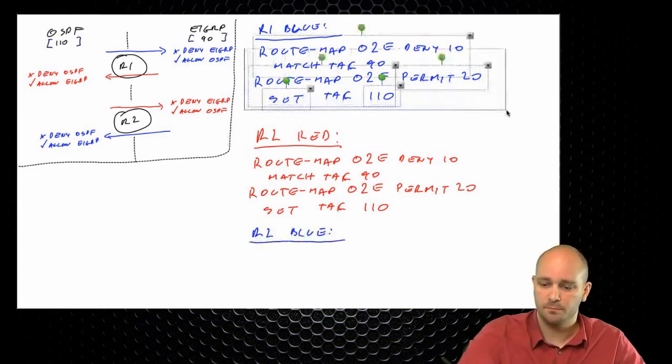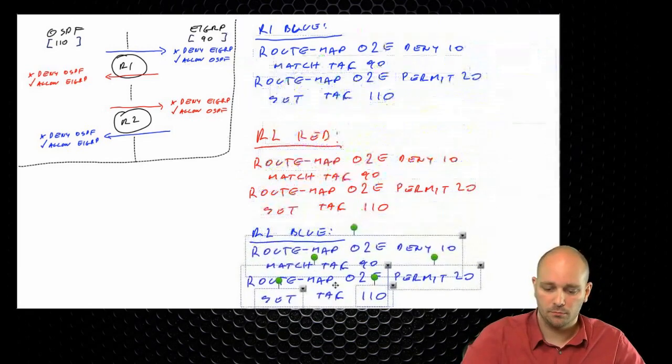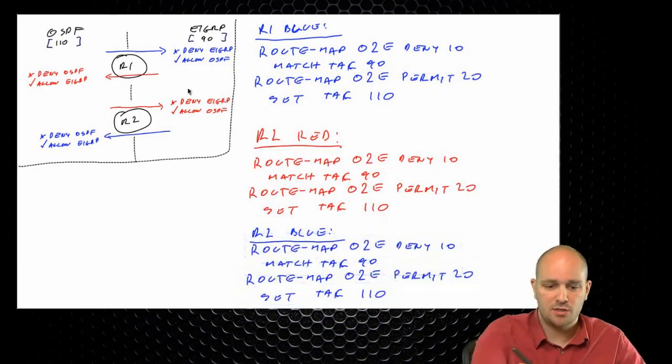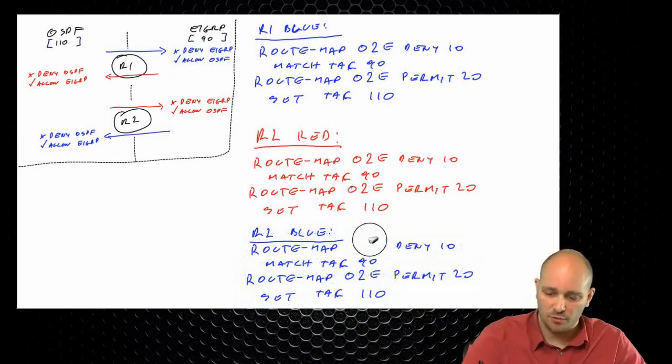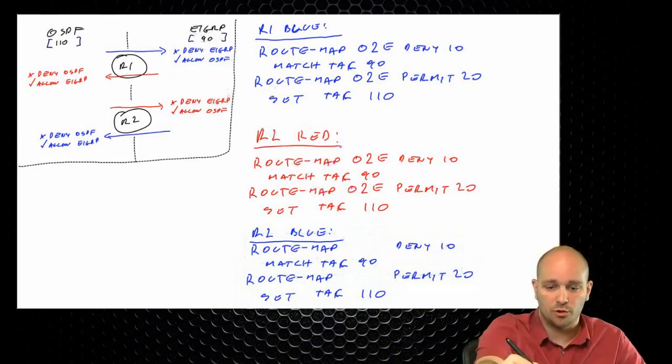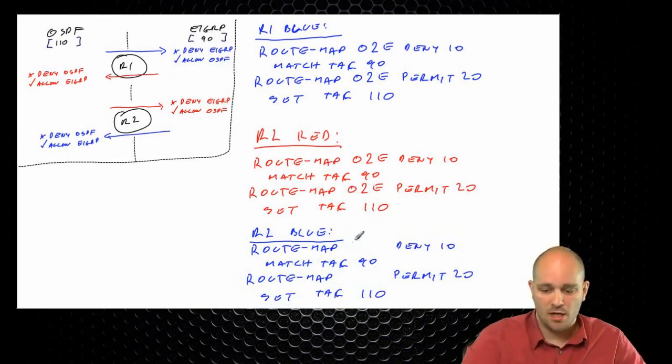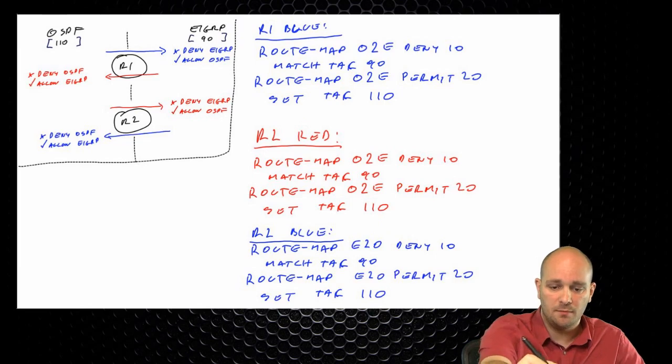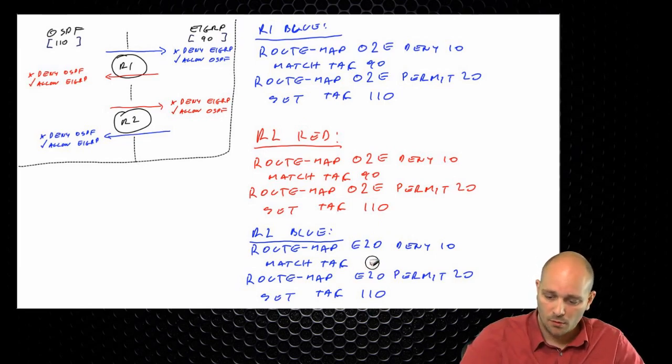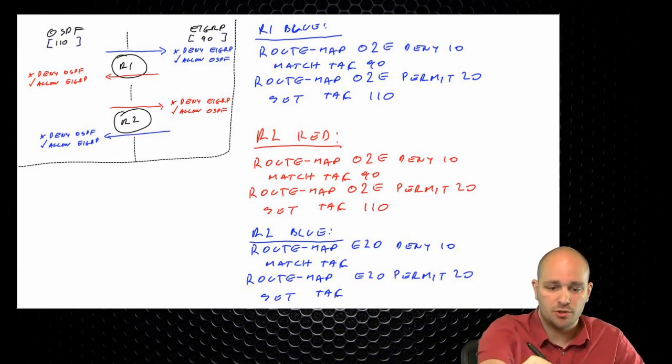So let's copy this, clone here. And this is going to be now EIGRP to OSPF, so this changes. So this is going to be EIGRP to OSPF, EIGRP to OSPF, and again, these two swap sides.